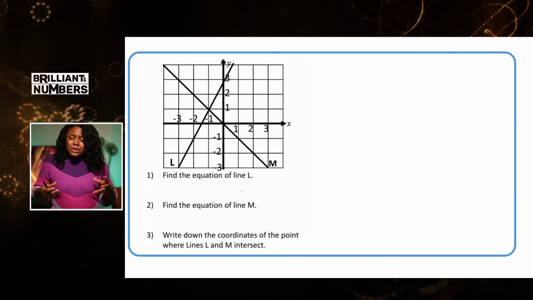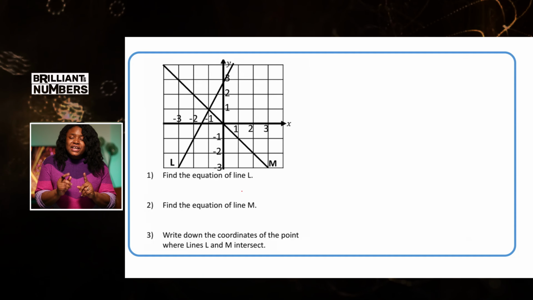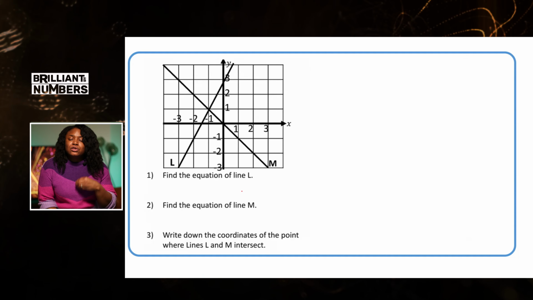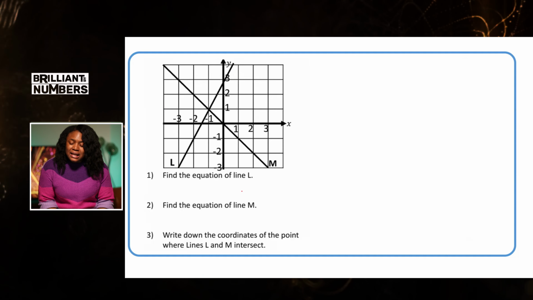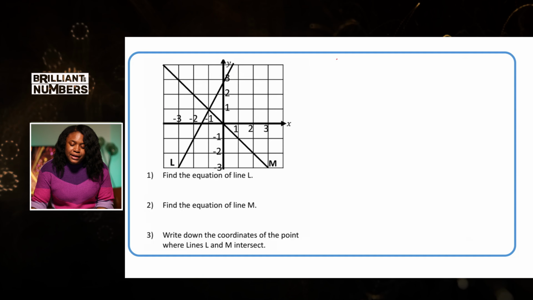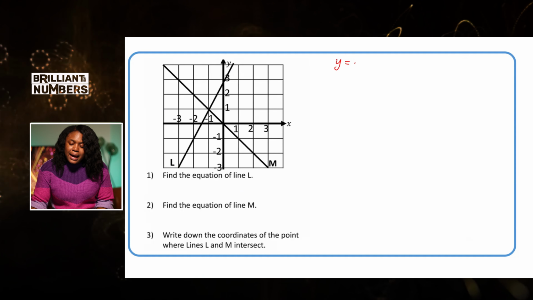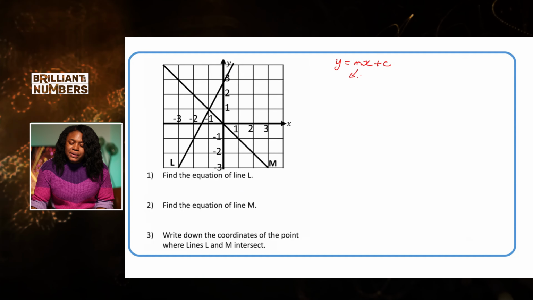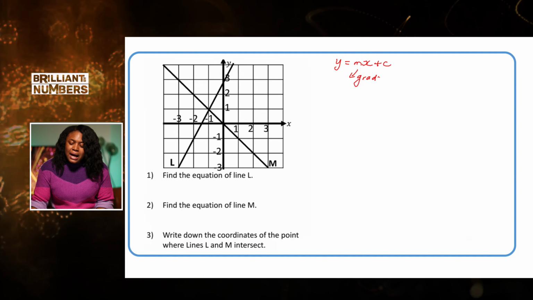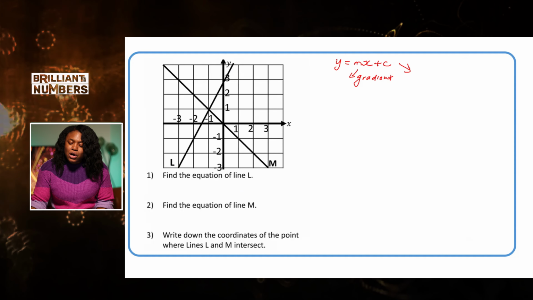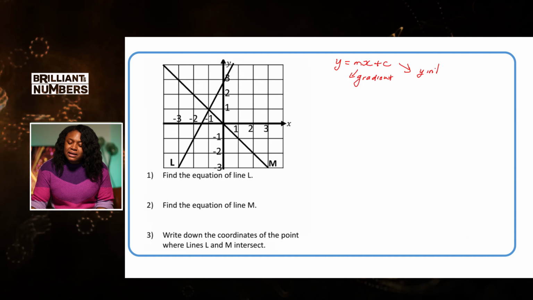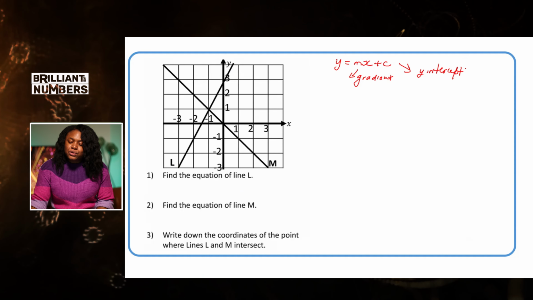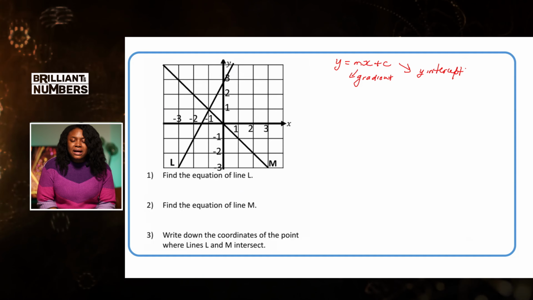When we're dealing with a linear graph, the first thing we need to do is write down the general form of a line graph, which is y equals mx plus c. We know m is our gradient, and c is our y-intercept, and again, that is where the line crosses the y-axis.